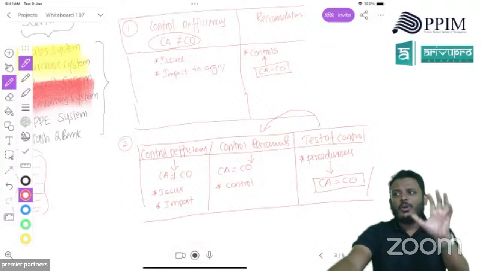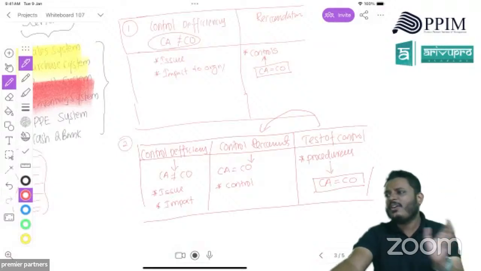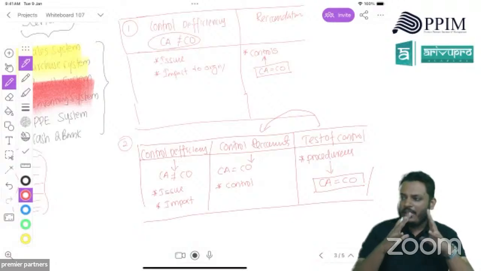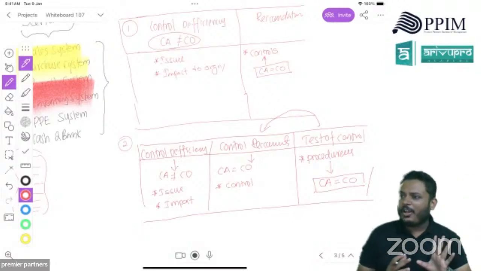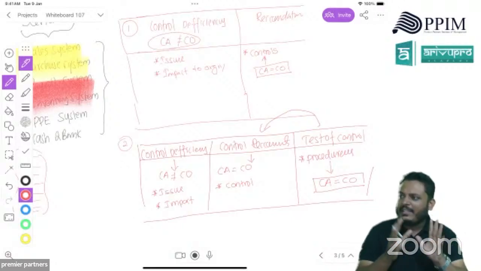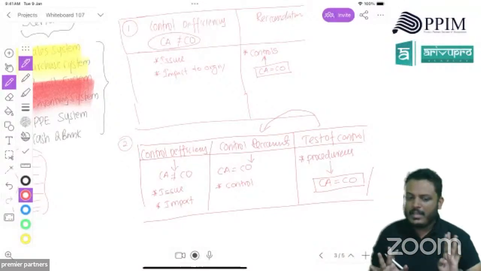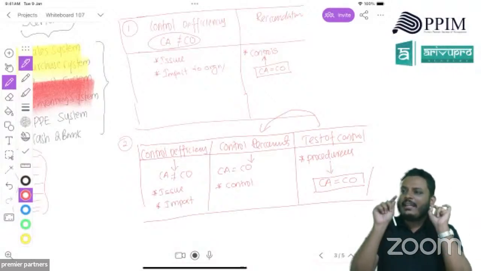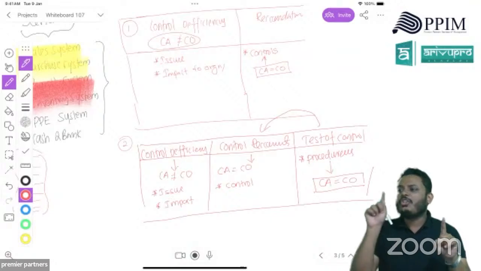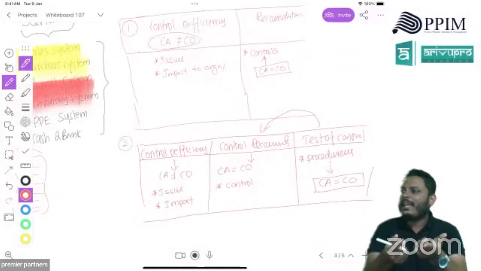So try to understand this and try to link all these things properly. Control deficiency means, from the case study, control activity has not met the control objective. That's why we identified that as a deficiency. Is that clear? Second, we are providing a recommendation. In that recommendation, control activity should equal control objective. That is my recommendation.